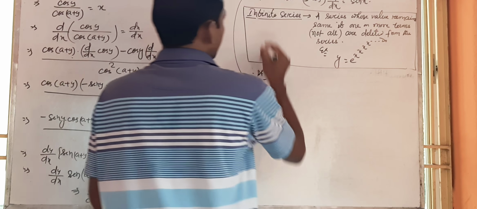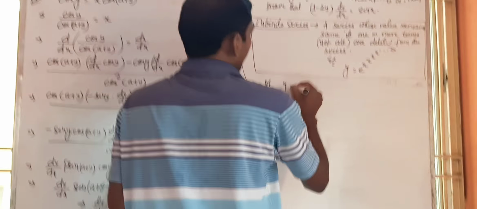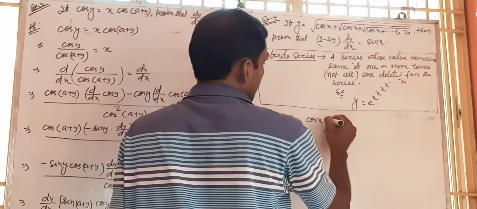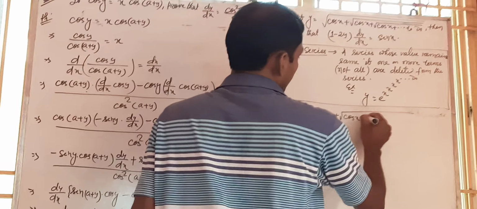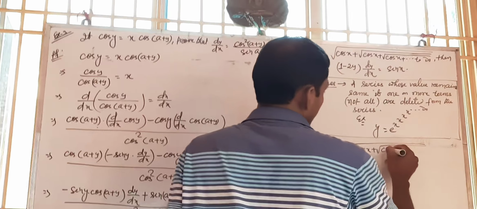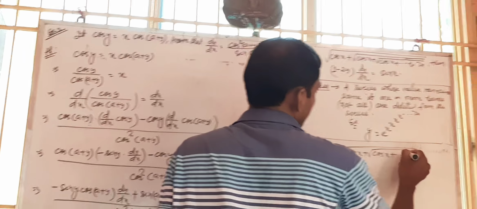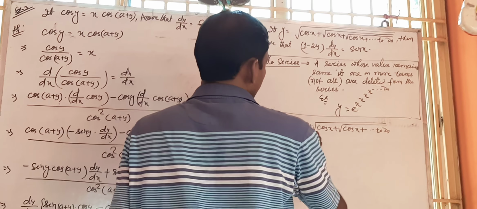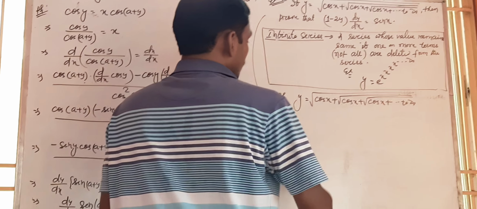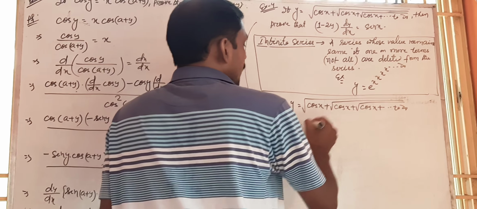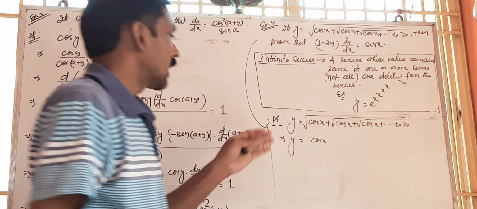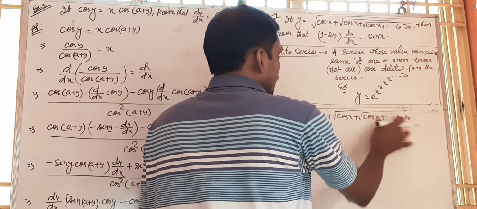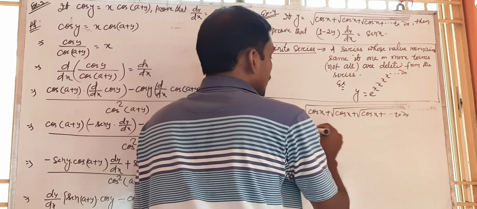I have the proof of this. y equal to root of cos x plus square root of cos x plus square root of cos x up to infinity, the whole root over is there. So here what you can write, y equal to, your first term is cos x, and for this what you can write, y.